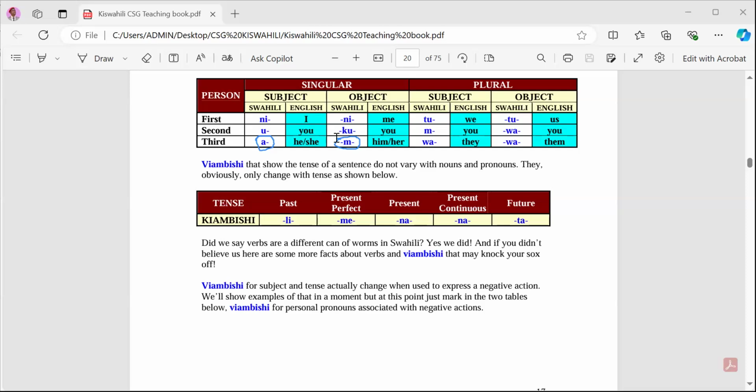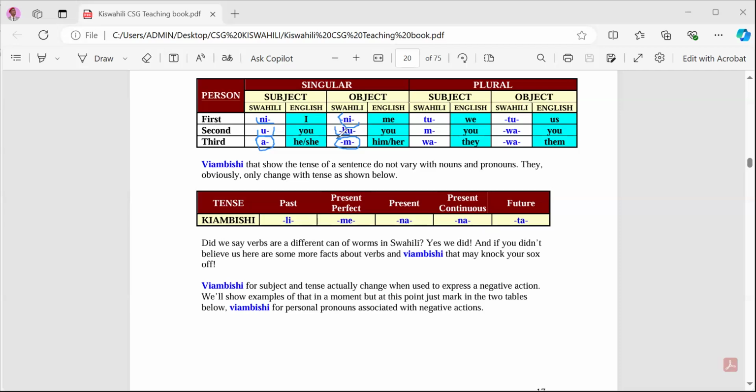The first one we said, mimi ninafundisha. We said, alinifundisha. Mimi ninafundisha. So the ni is here. Then we say, alinifundisha. We said, wewe unafundisha. Then you say, alikufundisha. That's what you say. Then you say, yeye anafundisha.